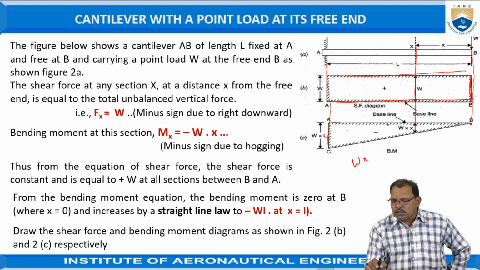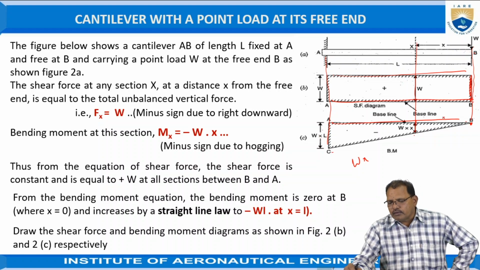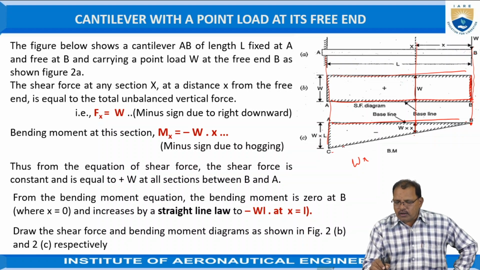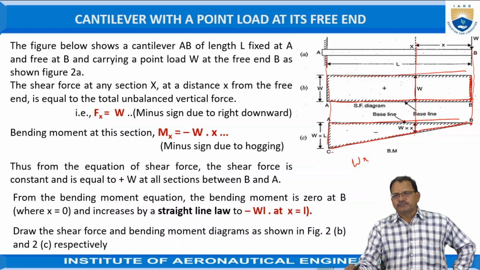Hence, below the reference line, mark W into x. After that, at position A, the bending moment is equal to W into L. Since the bending moment varies from B to A and depends upon force into distance, and the force is constant, it varies only with distance, hence it follows the inclined straight line law like this.